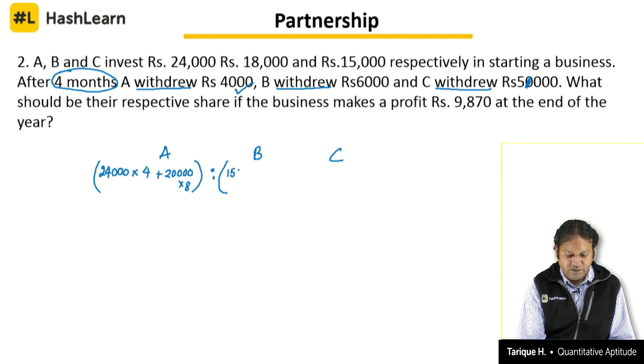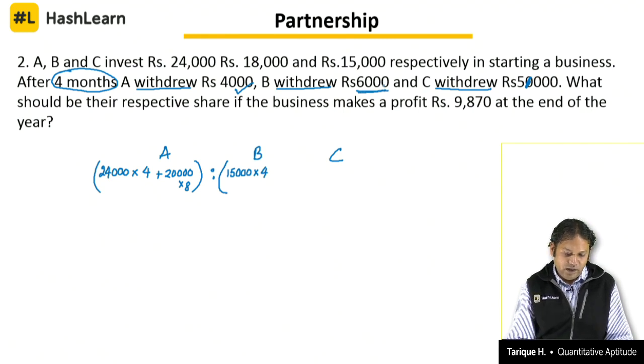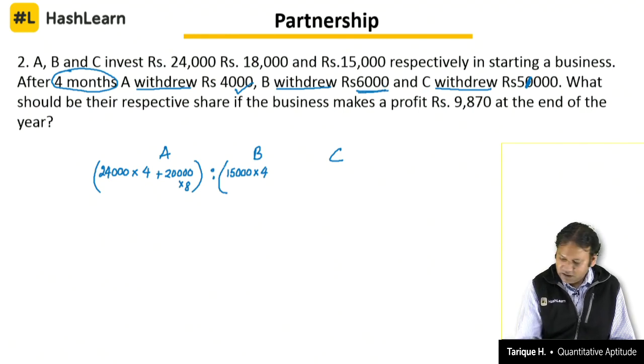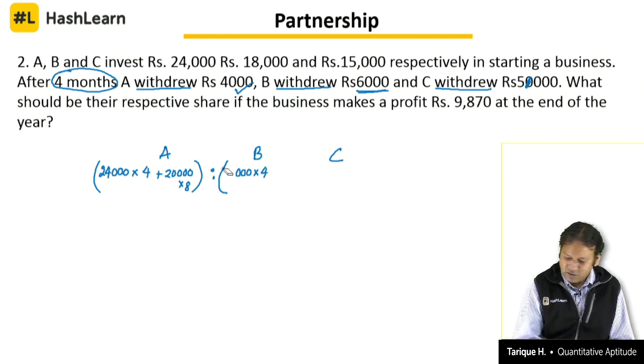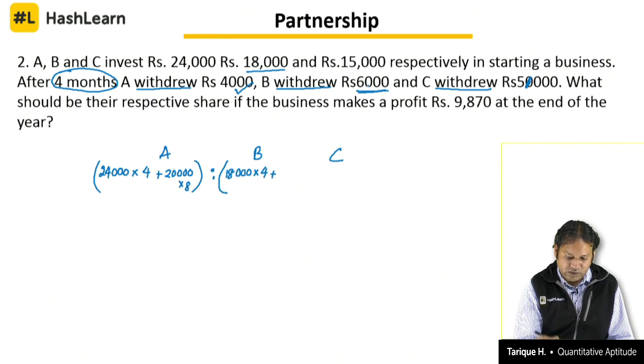B's initial investment was 15,000. This remained his investment for 4 months. After 4 months, he withdrew 6,000 rupees, correct? So it's not 15,000, sorry, just make the correction, 18,000, okay? B's initial investment was not 15,000, B invested 18,000. So 18,000 into 4 plus, now he took out 6,000 rupees, so 12,000 into 8.